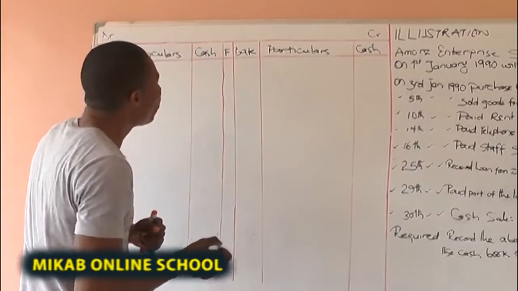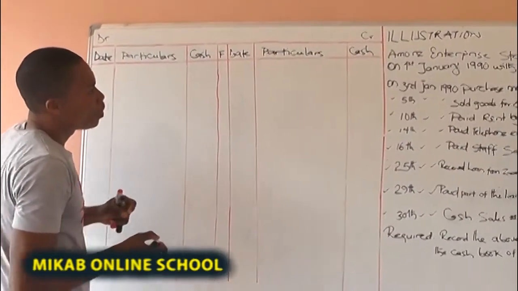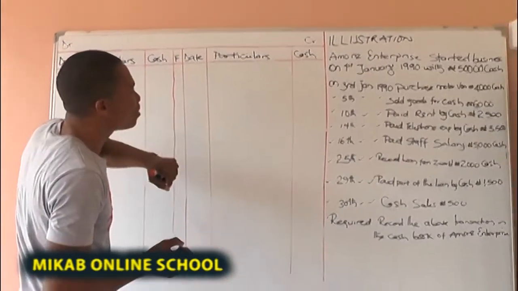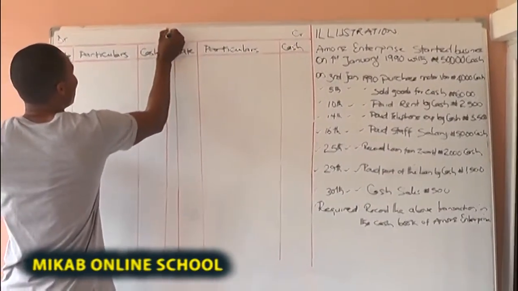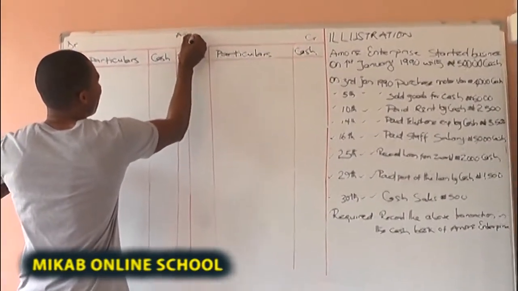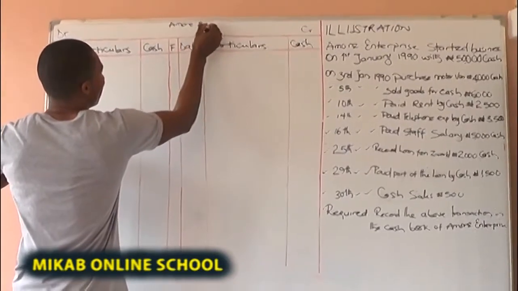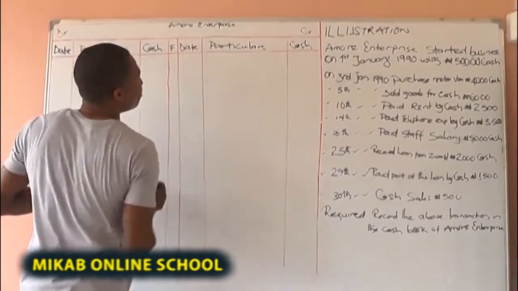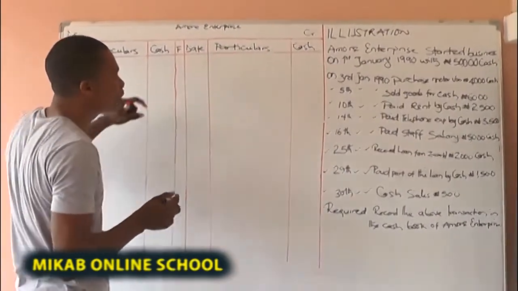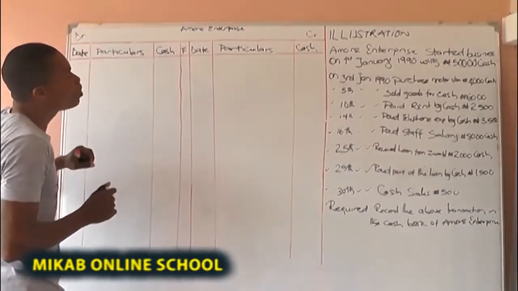Now, who owns this cash book? From the question you can see it is Amore Enterprise. So you write Amore Enterprise. This is very important in the case of exam. All these little things will award you mark.